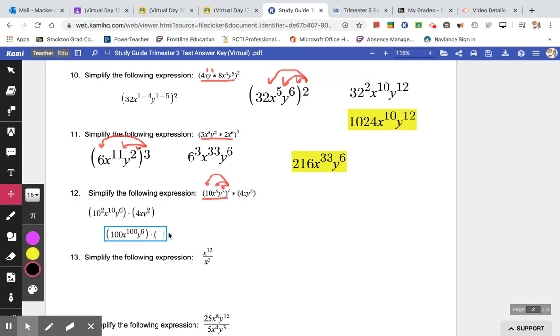Again, I'm just copying this problem down, but making the 10 squared 100. Okay, so now that we're here, this is actually just the product rule.